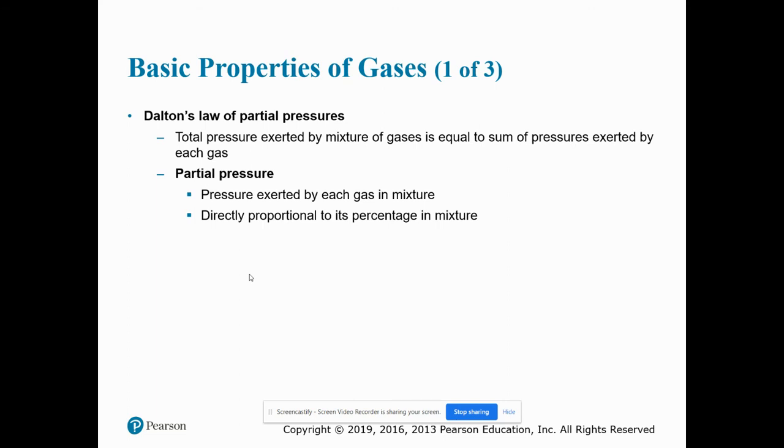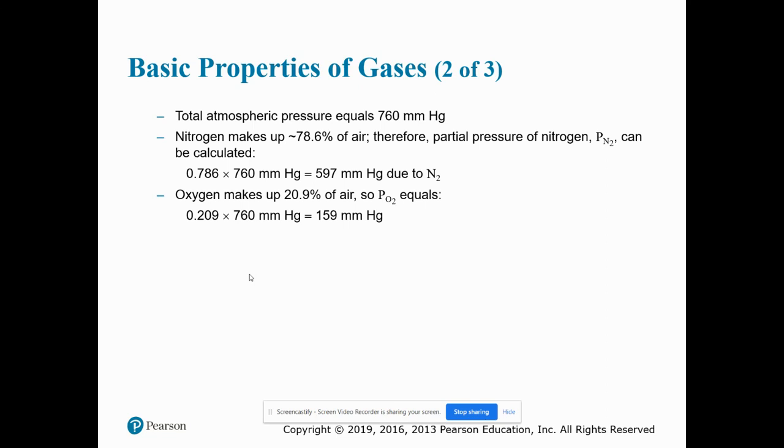Partial pressure is the pressure exerted by each gas in a mixture. You're going to see this represented by a big P and then a subscript of the gas. It's directly proportional to its percentage in the mixture. At sea level, atmospheric pressure is 760 millimeters of mercury. Nitrogen makes up about 78.6% of air.